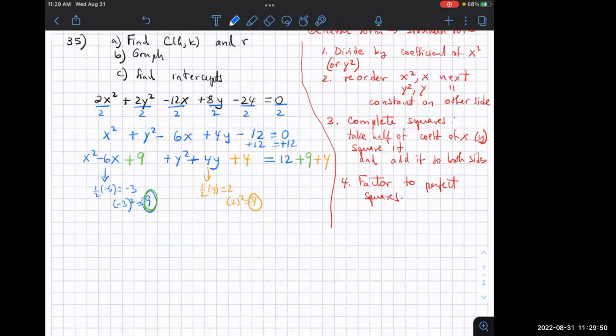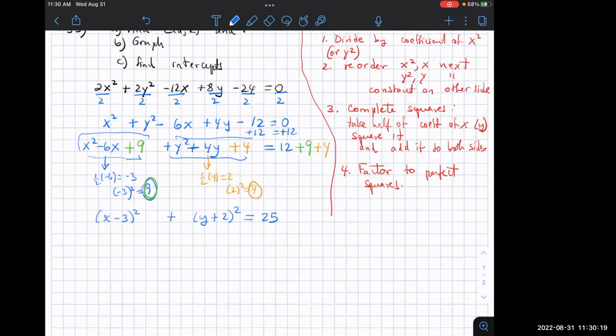So x squared minus 6x plus 9, that should be x minus 3 squared, right? Plus y plus 2 squared equals 12 plus 4 is 16 plus 9 is 25.